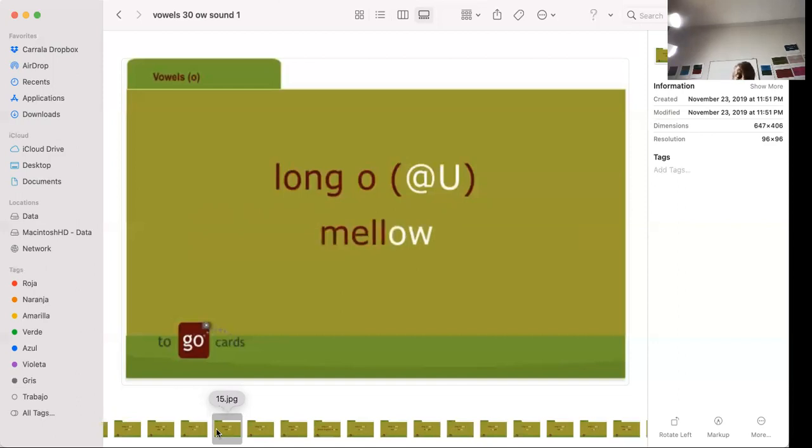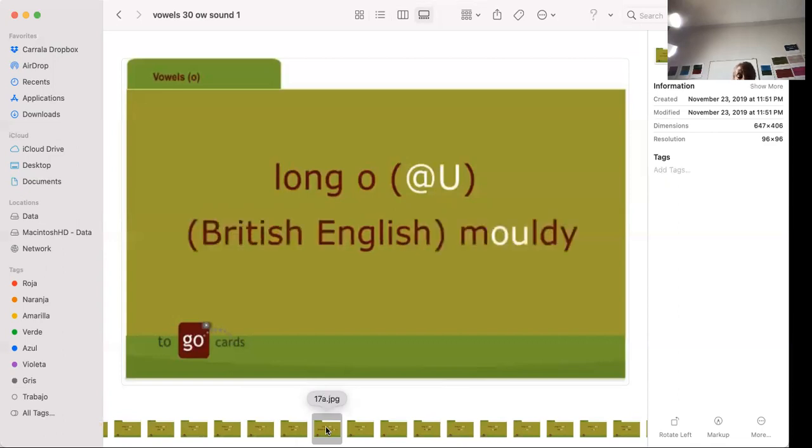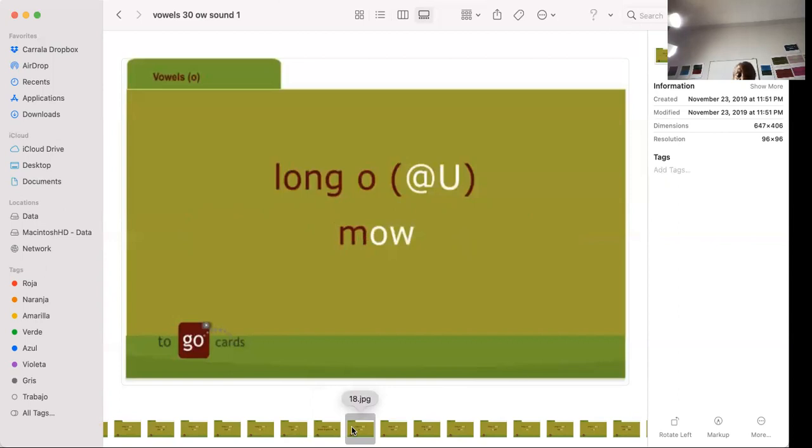Mellow, to be mellow. Mellow, yellow, oh. To owe someone money. Gallow, where you hang someone. Mouldy, British English, because in American English there is no U. Mow, to mow the lawn. Narrow, not to be wide.